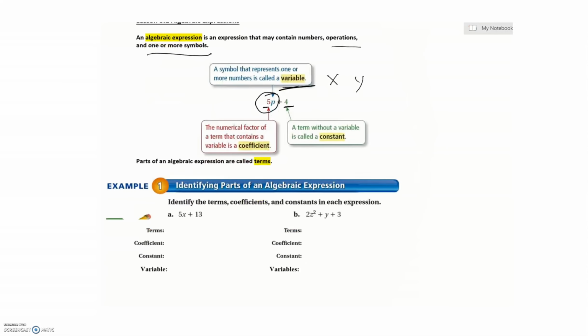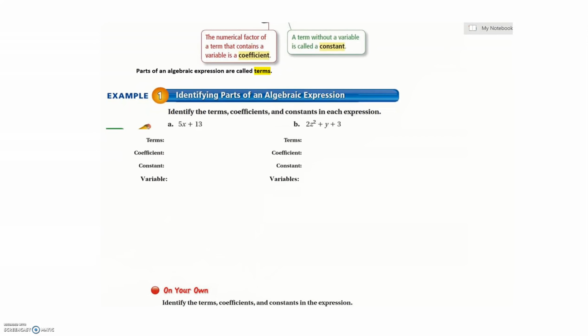Let's look at example 1 and identify the different parts. We want to know what the terms are, the coefficients, the constants, and I added variable here so that we can also identify that variable. Terms are anything separated by addition, so 5x and 13 would be our terms.